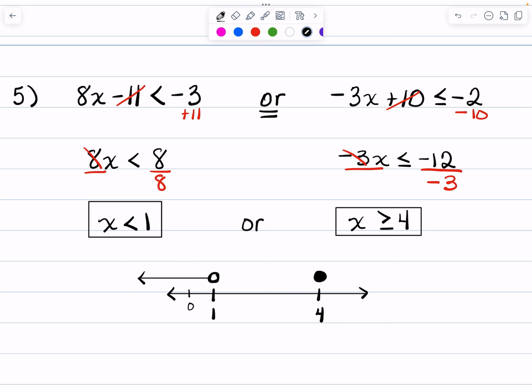Over here, I have x is greater than or equal to 4. So a number that would be greater than 4 would be 5, so this one would point to the right. Again, we have an idea of what these OR graphs look like, so that should help us with some guiding information.